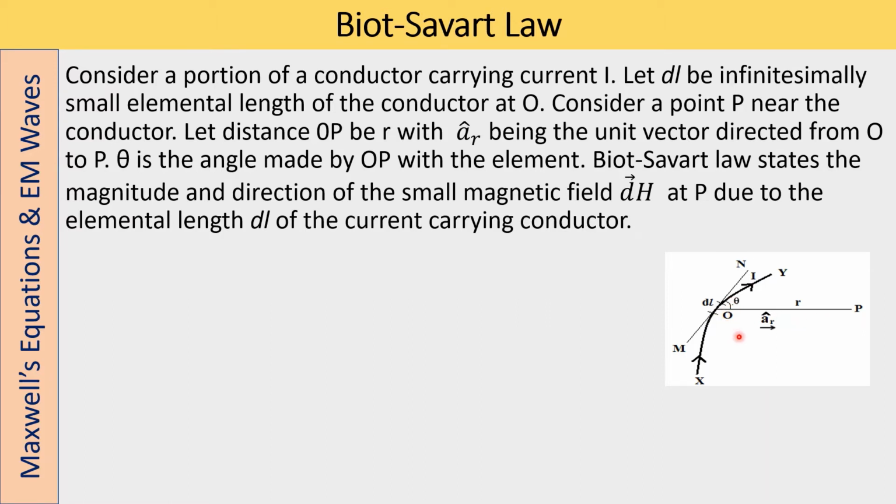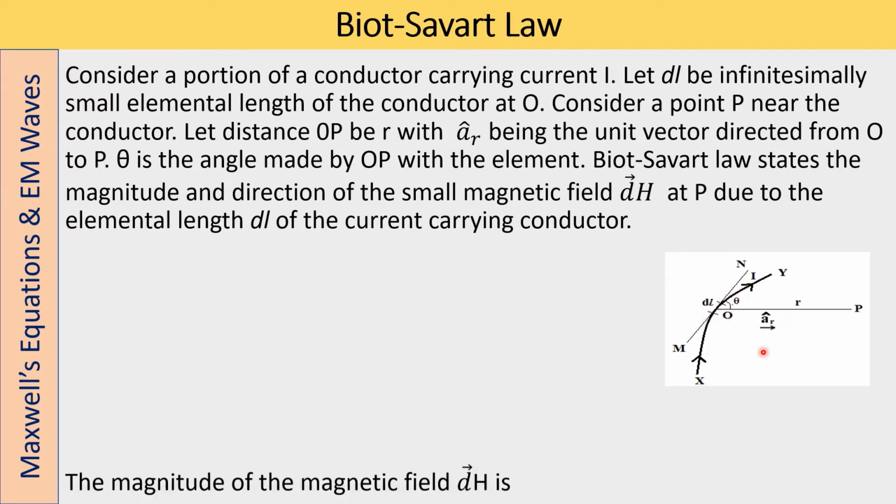Biot-Savart law states the magnitude and direction of the small magnetic field dH produced at P due to the elemental length dl of the current carrying conductor.